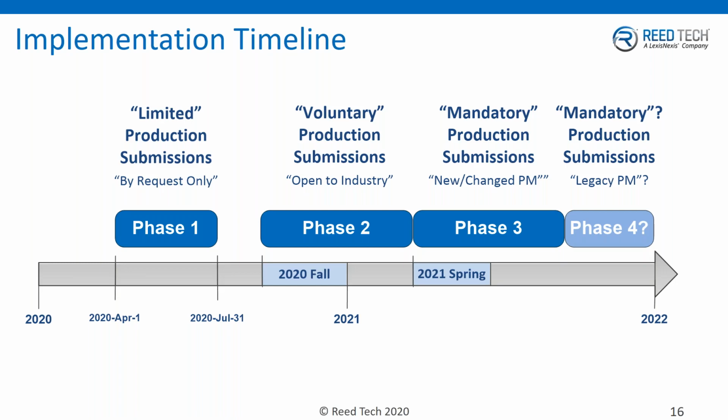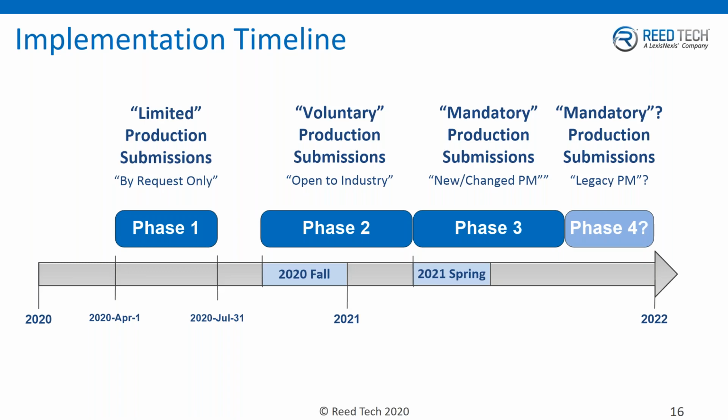And then the next time frame is not a particular date, but kind of a range. They talk about the fall of this year, 2020, to start phase 2. Depending on how their first phase goes and whether or not they need to make any major changes, it could start very early in that fall time period.